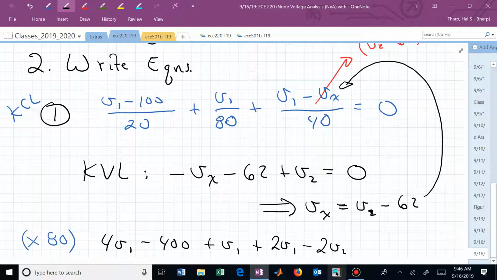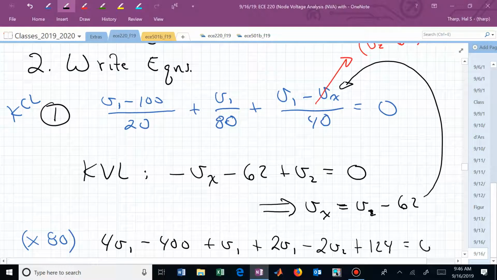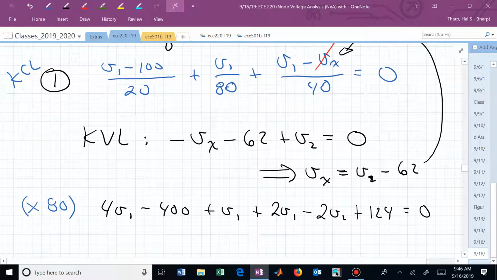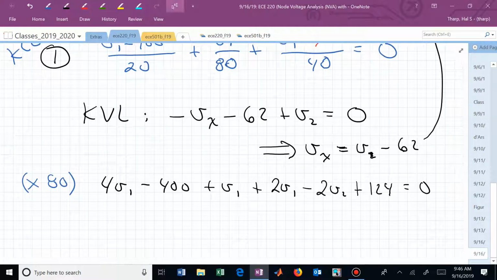That's a plus 62 times 2. Luckily 60 I can double. That's 120, and I can double 2. That's 4. This is now plus 124.